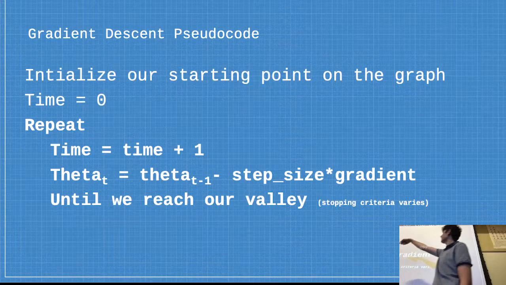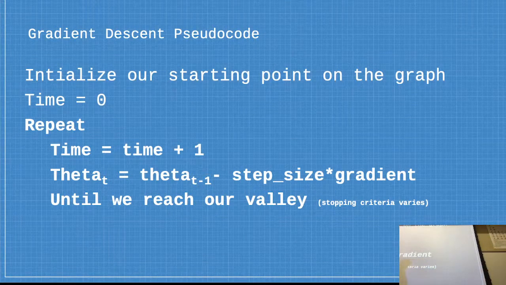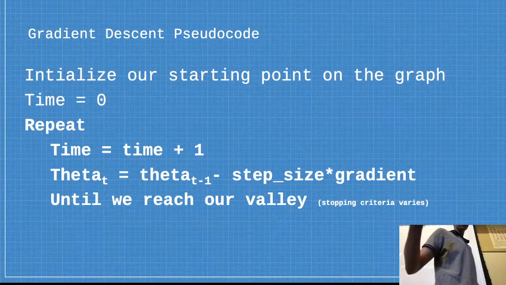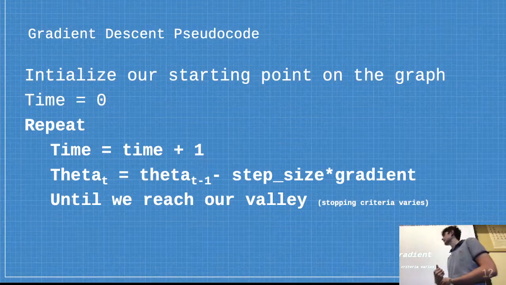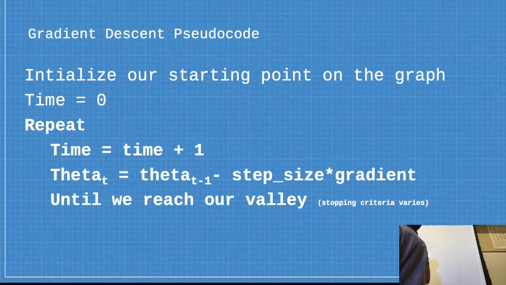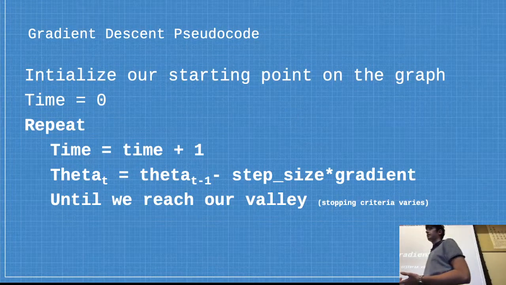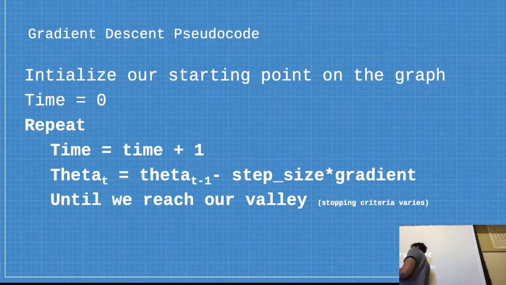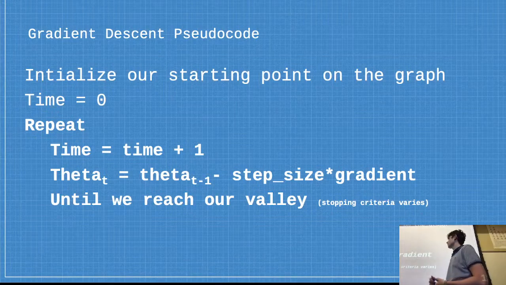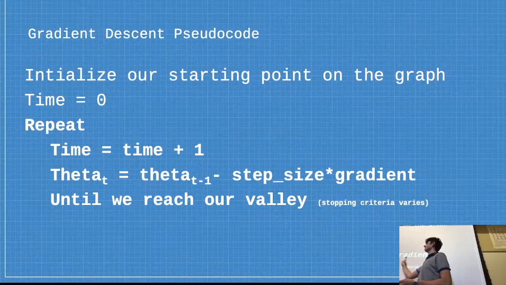So we initialize our starting point on the graph. So we say time equals 0, and we repeat, and it's a little bit more complicated than this, but this is what it basically looks like. Time equals time plus 1, so we're increasing one time step. Then we're updating theta. So we're saying theta at time step t equals theta at time step t minus 1 minus the step size, or it's really referred to as the learning rate in the industry, multiplied by the gradient.